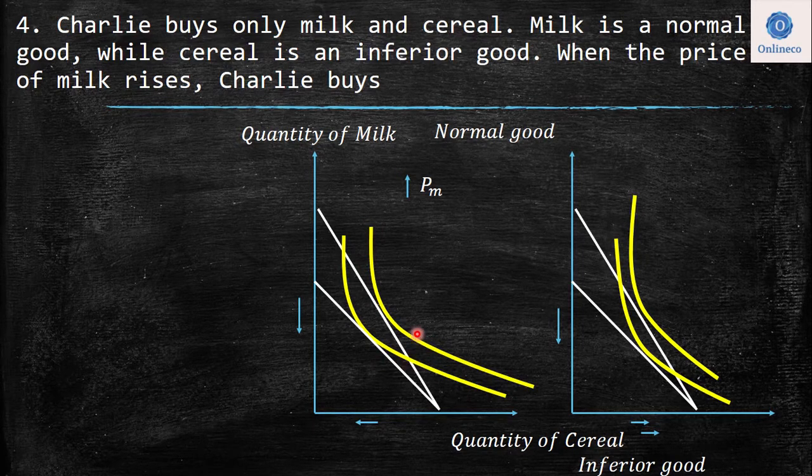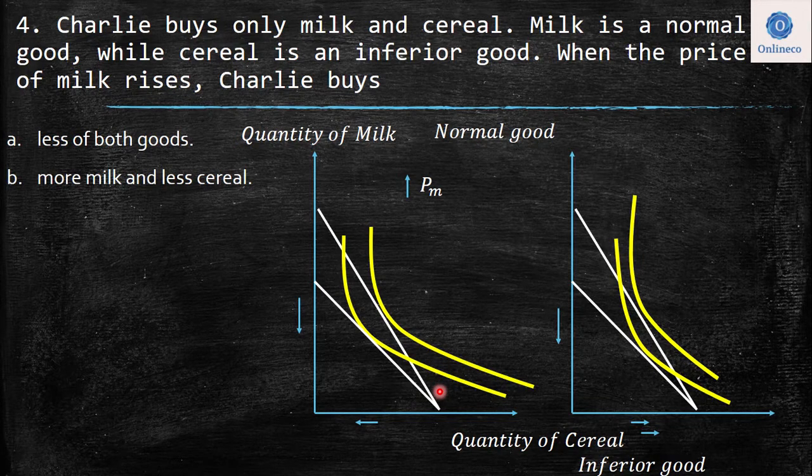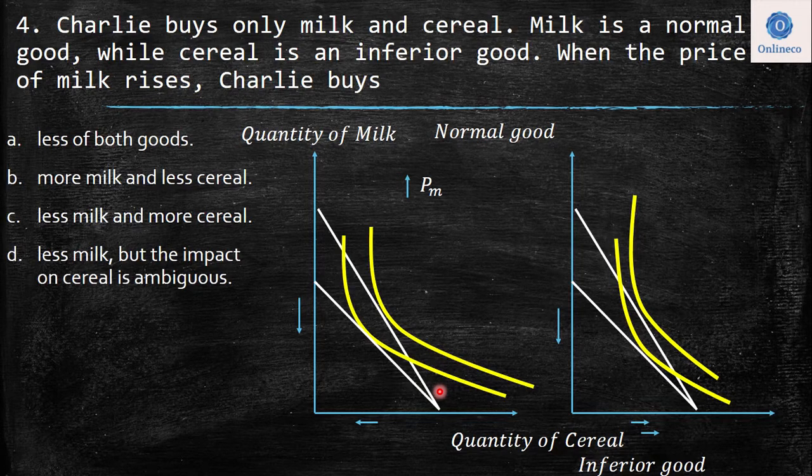Remember that the maximization is where the slope of the budget constraint, that is the relationship of prices, and the slope of the indifference curve, that is the marginal rate of substitution, are exactly the same. So those are the answers: less of both goods, more milk and less cereal, less milk and more cereal, less milk but the impact on cereal is ambiguous.